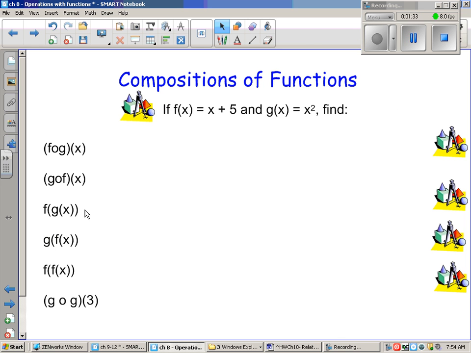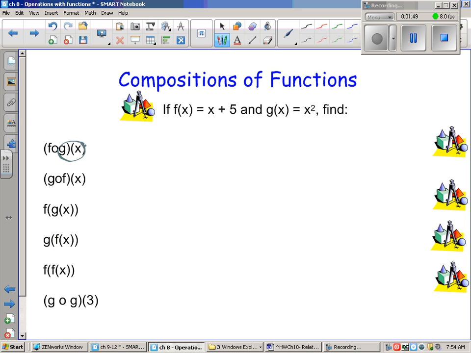So f of g of x, simply put, sometimes you'll see it said, do this g part first, and then take the answer from that and plug it in for f, and that's fine, we'll get to that. But another way to look at it is f of g.